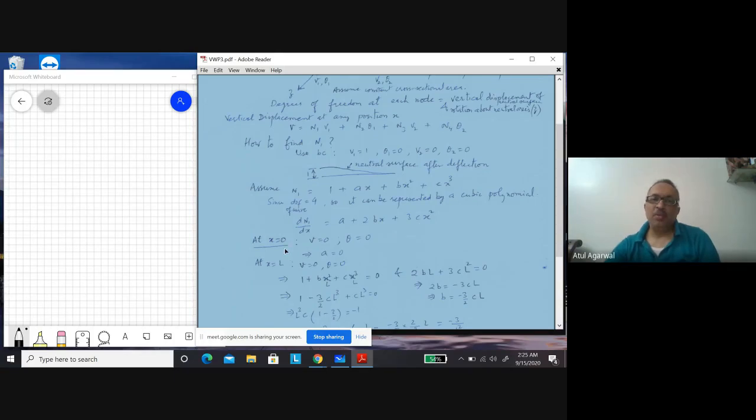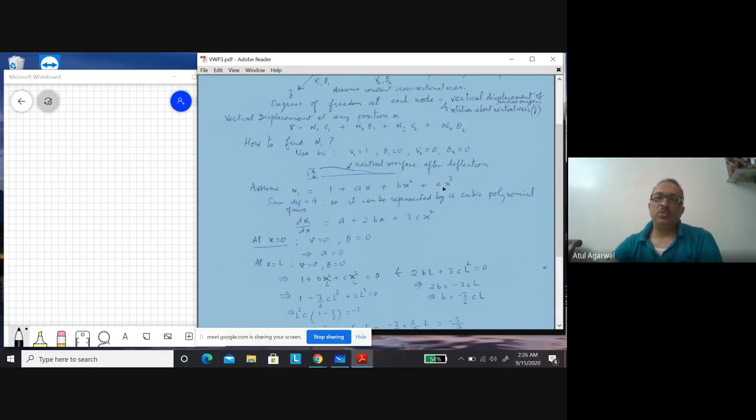Now our boundary conditions are at x is equal to 0, displacement and theta. Sorry, here vertical displacement is 1, not 0.